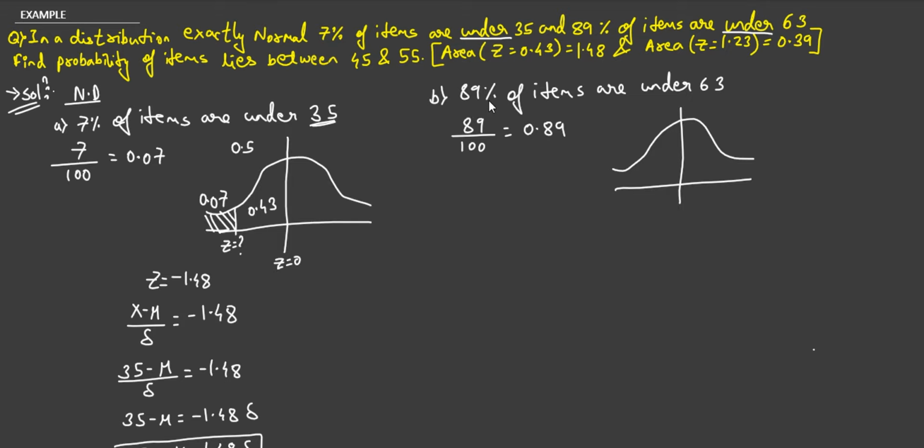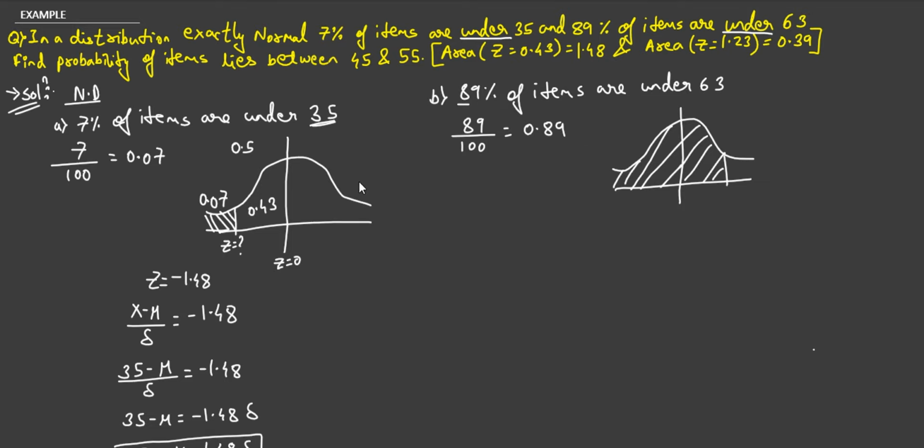So we have to show a curve which has an area of at most 89%, and we consider the left hand side.